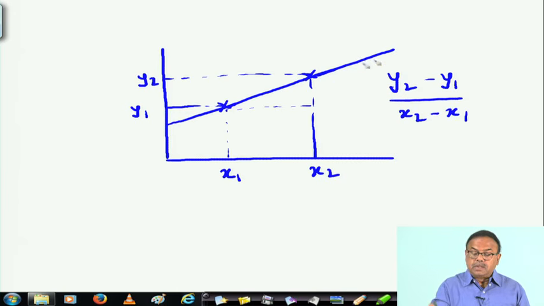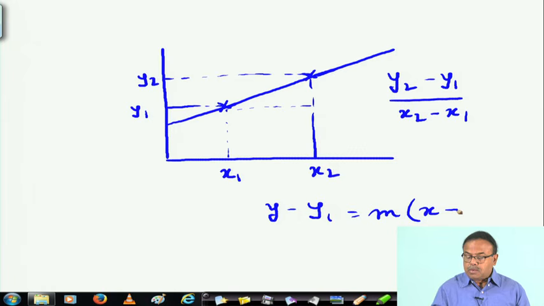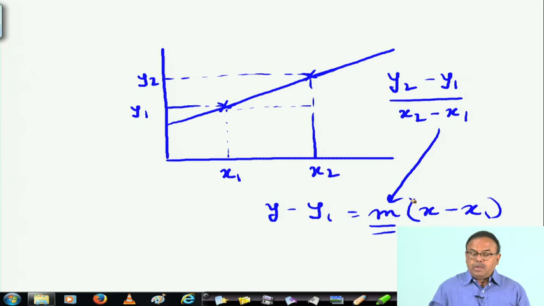Once you get the slope, then you can find out the line. The school level equation is y minus y1 is equal to m into x minus x1, where m is the slope. So, you can find the line.